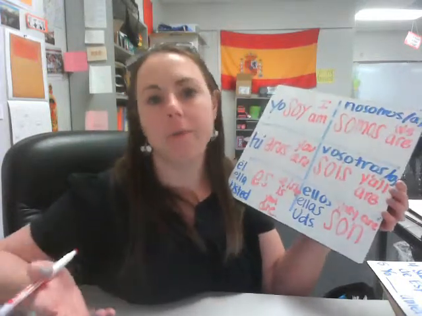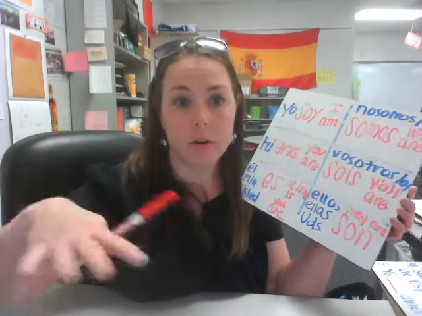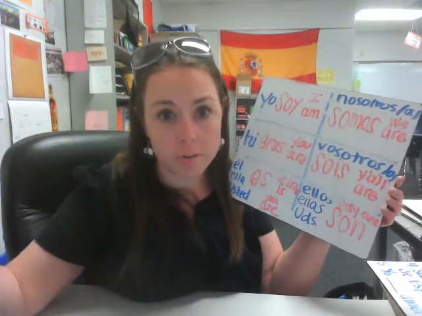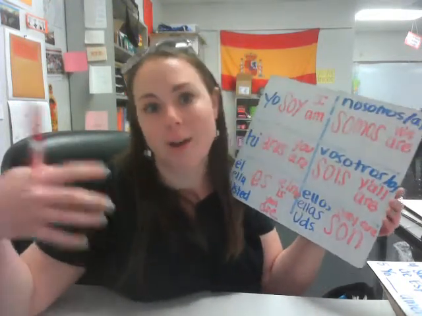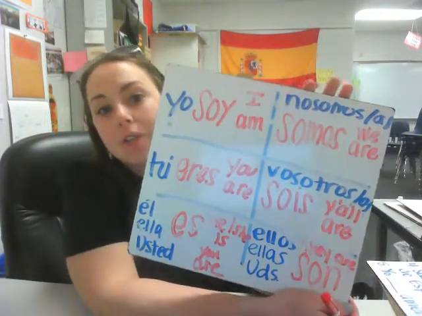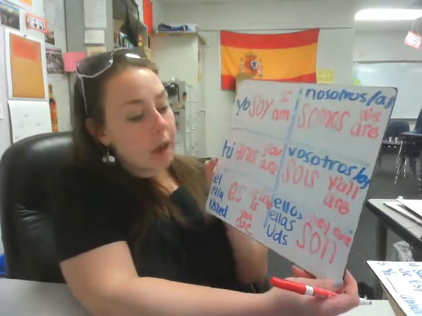So if I was talking to all of you and saying you all are from Missouri because you live here, I could say ustedes son de Missouri, because I'm talking to you and we're not in Spain. All right, so these are the forms of ser that you should know for sure. Soy, eres, es, somos, sois, son. Okay, you'll want to make sure that you get all of those down.